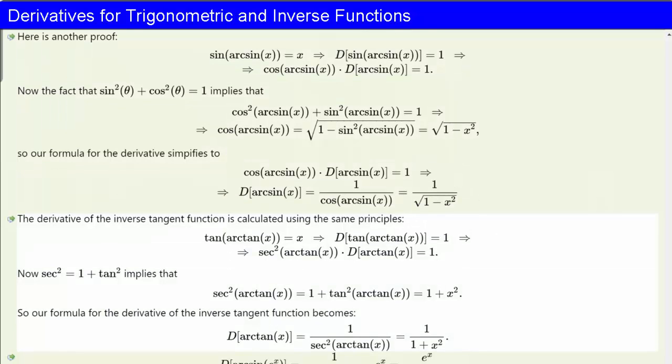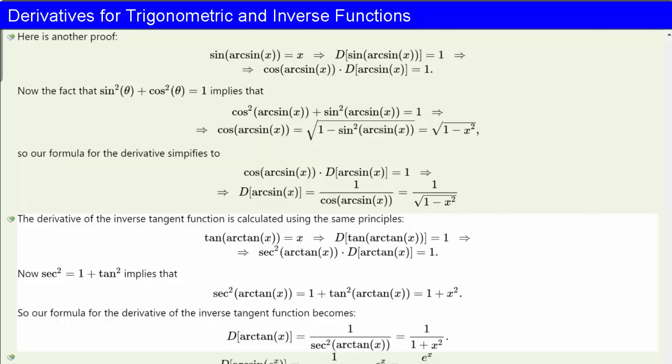The derivative of the inverse tangent function is calculated using the same principles. The tangent of the arctan of x is identically x. Differentiate this, and you get sec squared of arctan x times the derivative of arctan x, using the chain rule, is identically the derivative of x, which is 1.